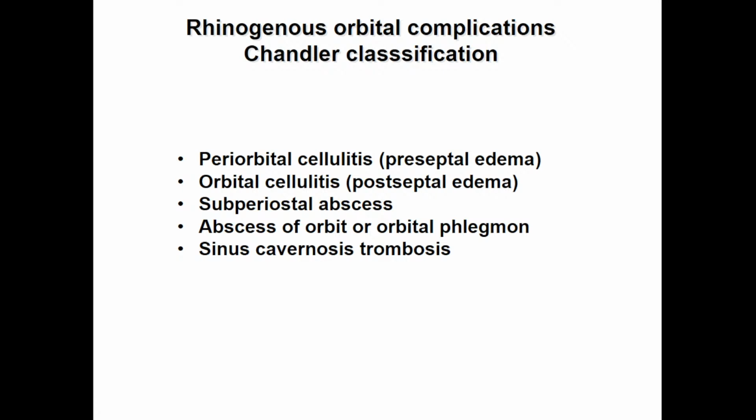More often we use the so-called Chandler classification of rhinogenous orbital complications. Due to this classification, complications are divided into periorbital cellulitis, preseptal edema, orbital cellulitis, postseptal edema, subperiosteal abscess, abscess of orbit and orbital phlegmon, and sinus cavernosus thrombosis. A few slides later, I will explain what septum is mentioned.